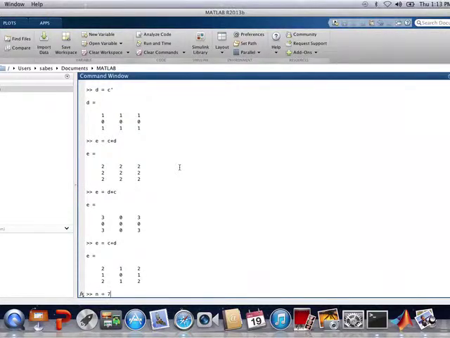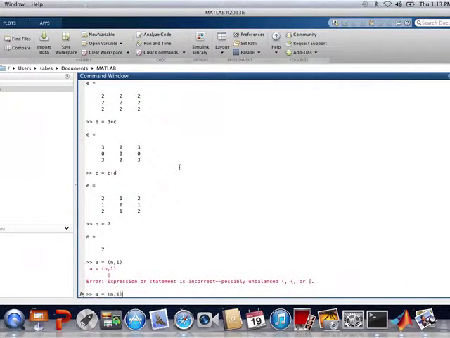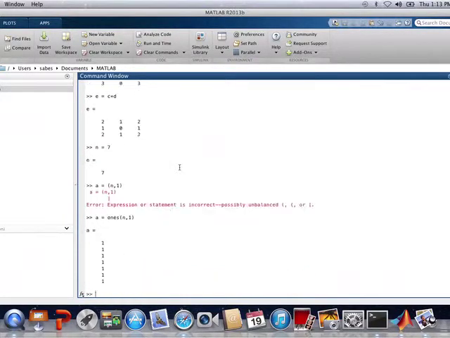So let's have n equal to 7, and then let's repeat the procedure. So let's choose a column vector which is n by 1. Oops. And then we have the row vector, which is the absolute values of minus floor function of n over 2 all the way to plus n over 2.